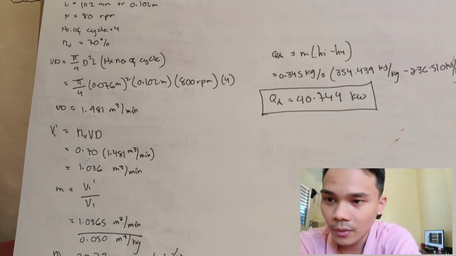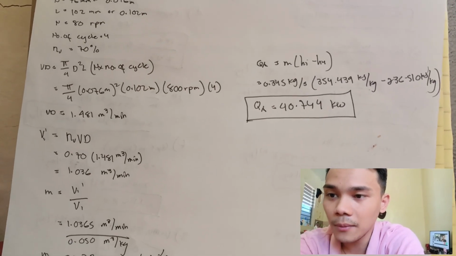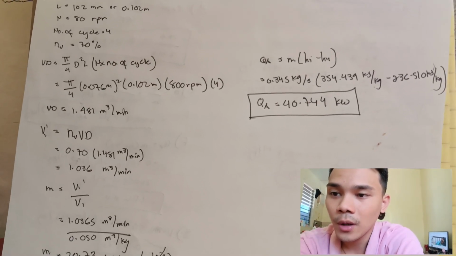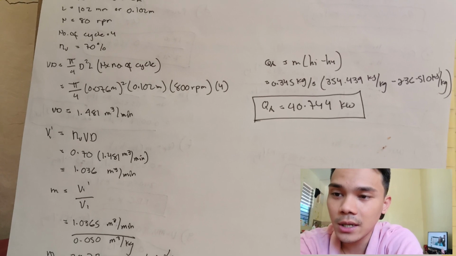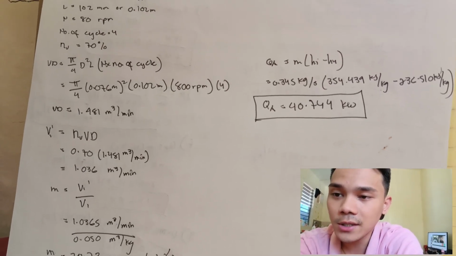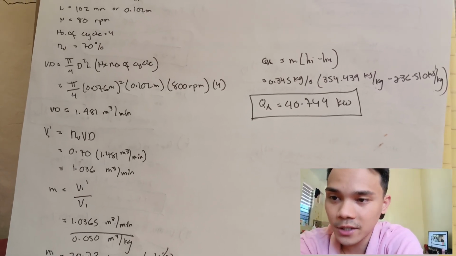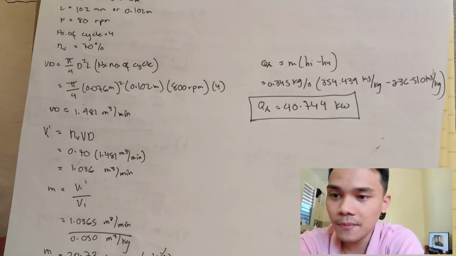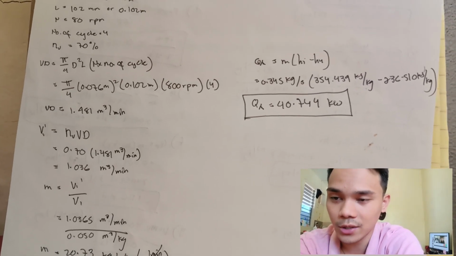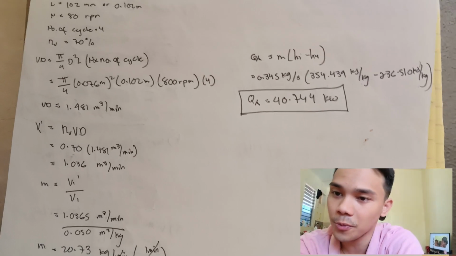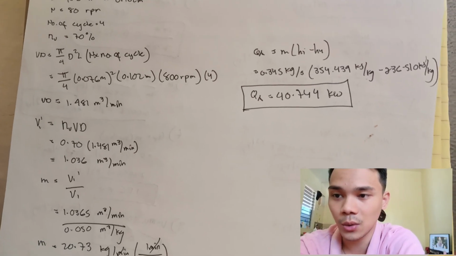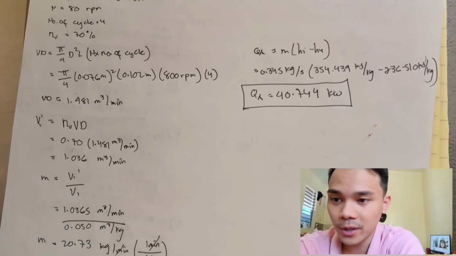Next, we find the volume V2. It is equal to the volumetric efficiency times the volume displacement. So 0.70 times the volume displacement we solved earlier, 1.481 cubic meter per minute, equals 1.036 cubic meter per minute.